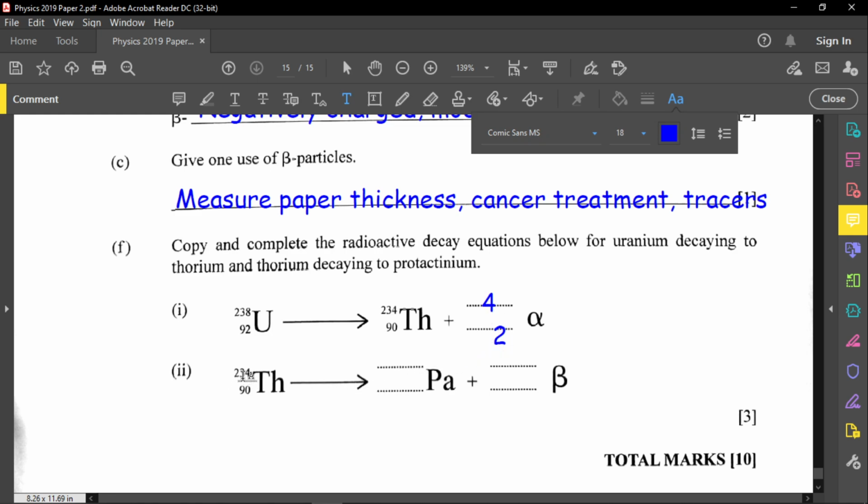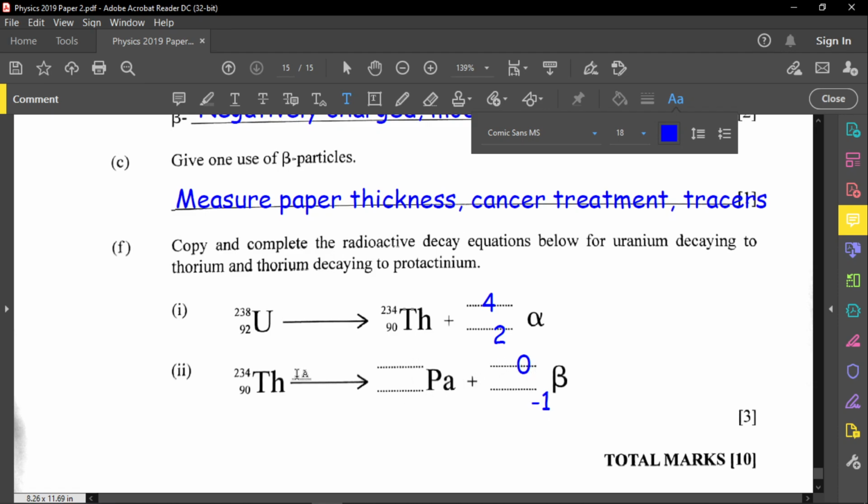For this now we have 234. There's 90 here. There's no number given here, so I'm going to put 0 because there's no mass in the beta, and below it a -1.